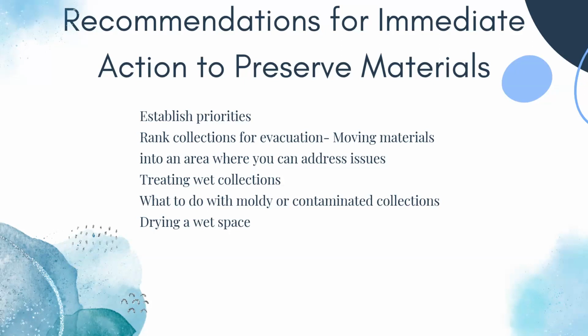Then you also want to rank the collections for evacuation. So moving materials into an area where you can address issues, moving them to an offsite space, things like that. And which ones do you want to do that with first? Some considerations to keep in mind with prioritizing these things: the historic value, monetary value, the uniqueness of the item, and the ability to replace it in the same or other format.